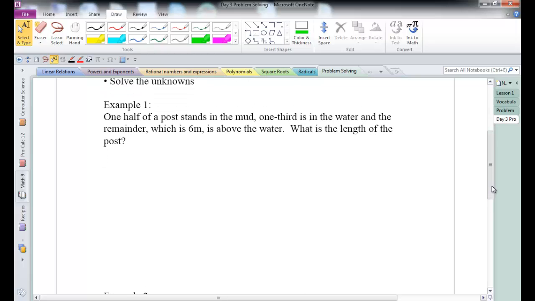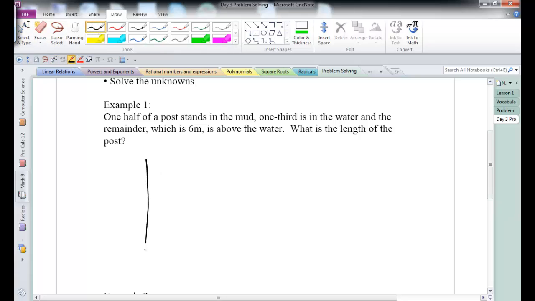Example 1. When half of a post stands in the mud, 1/3 is in the water, and the remainder, which is 6 meters, is above the water. What is the length of the post? So let's draw ourselves a diagram, as I said.